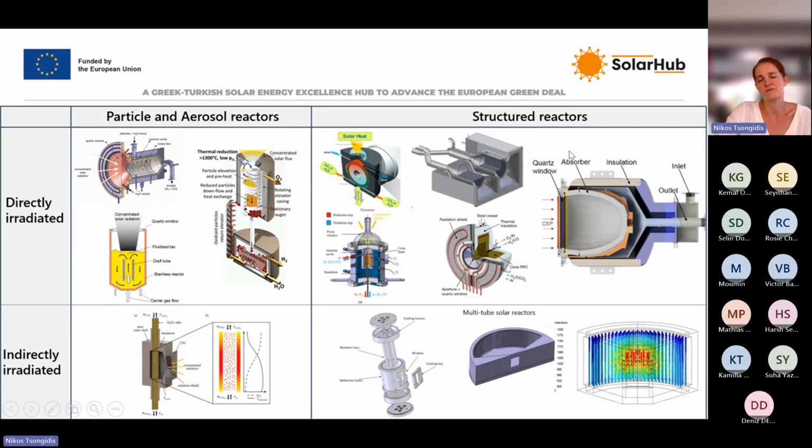On the other hand, we have the structured reactors, where we have different structures. We have, as I said before, the foams, the monoliths, the lattices that are actually embodied inside a reactor cavity, and they form the main reactor core body.